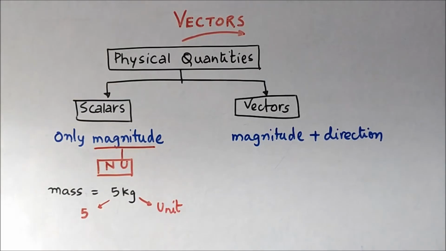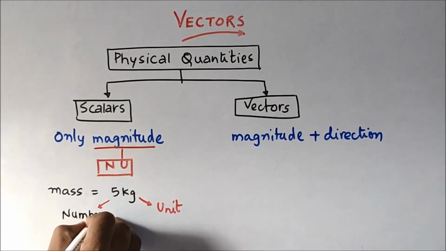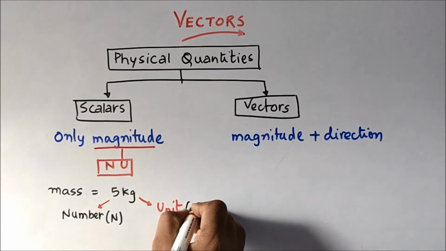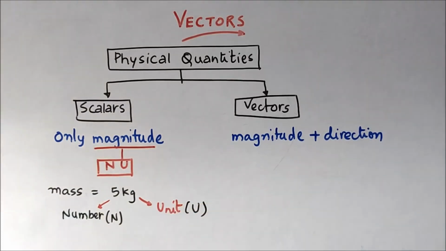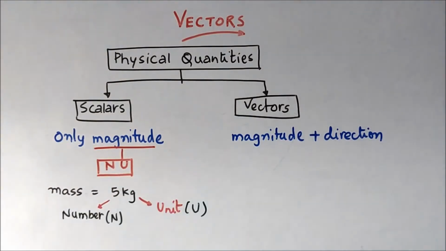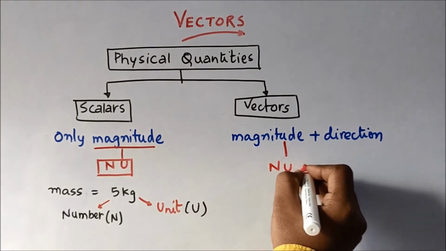So all magnitudes will have two parts, one number and the other unit. I am representing number by capital N and unit by capital U. Whereas vectors, along with the magnitude, will have direction.